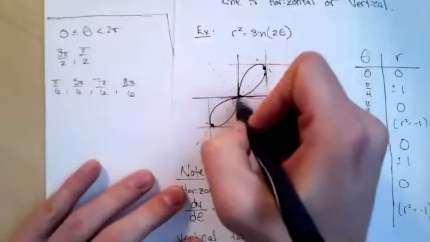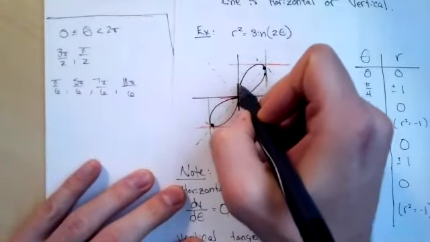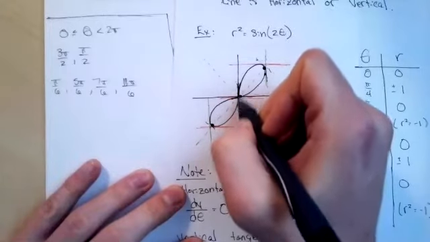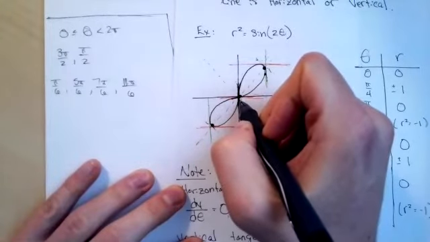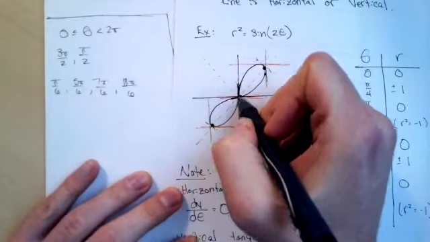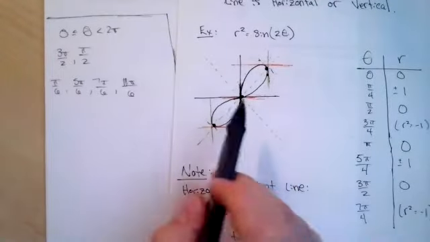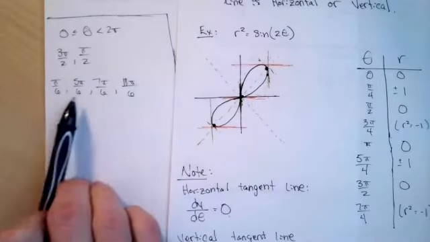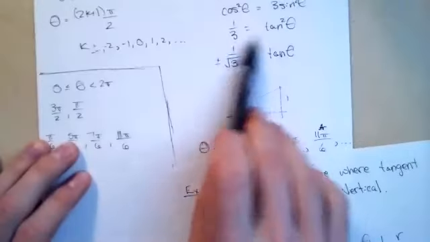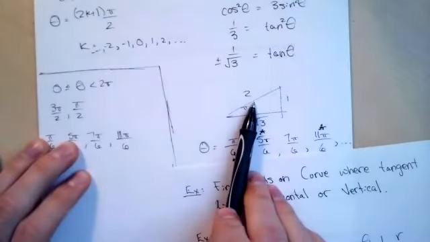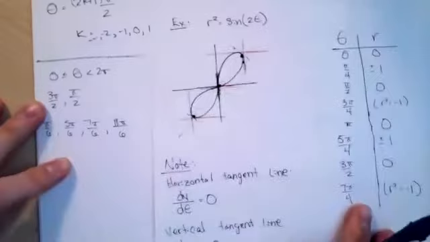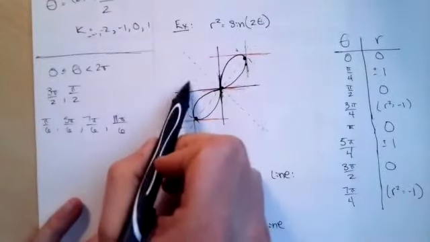Pi over 2. So at the angle vertical, you can see the curve is coming down, and we'll have a straight vertical tangent line. Then the next one, we actually have 5 pi over 6. So we might have found some extraneous solutions here, maybe coming from this tangent function with all these squareds that are going on. Because 5 pi over 6 is going to be over here.